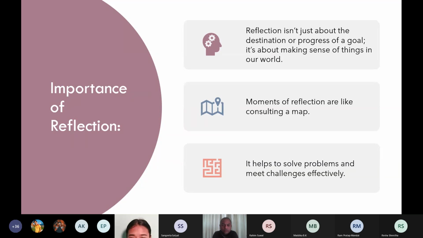We've learned earlier about what reflection is, its distinct models, and how in our lives we can practice it. So I'm here to tell you something about the importance of reflection. Reflection is not just about goals, destination, or progression. It is about making sense of things in our lives.